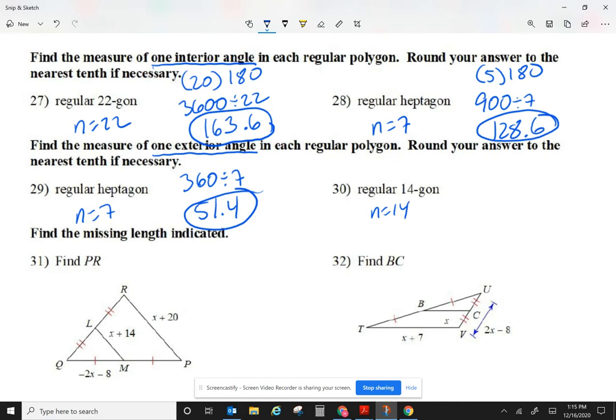So 360 divided by 14. I'm going to round it to one decimal place. I get 25.7. I can ask you also to solve for x. I can give you all the angles, and then you let them equal to 360. And then solve for x.